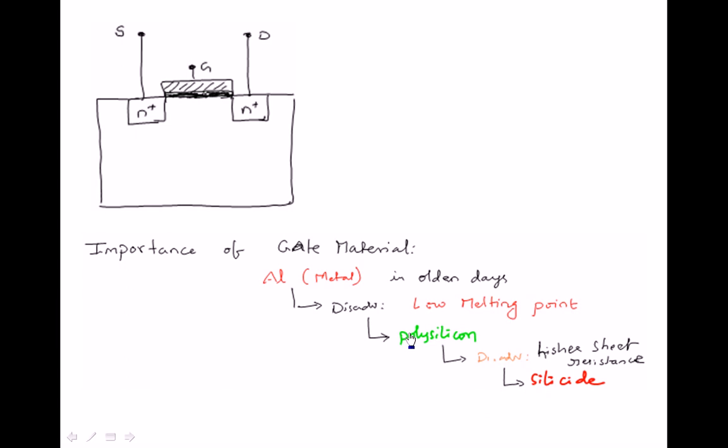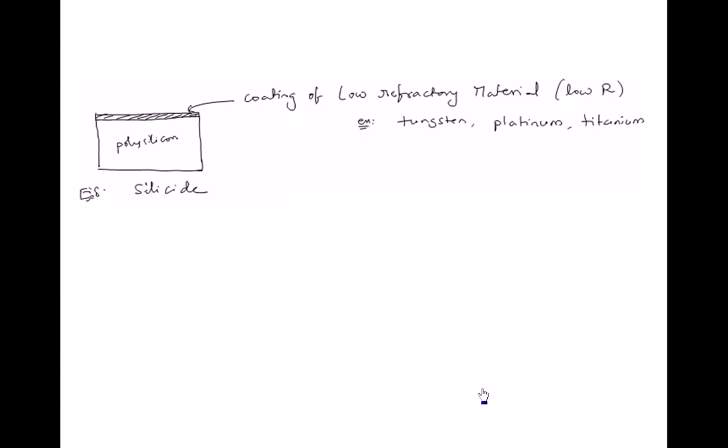So now polysilicon is replaced with silicide. Silicide is what is now used. Silicide is simply polysilicon coated with a low refractory material, which has a low resistance. The materials used as refractory materials are tungsten, platinum, titanium, like that.